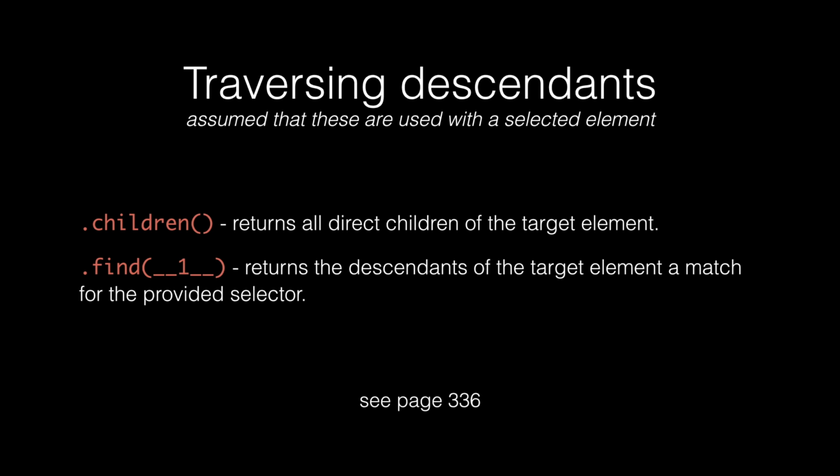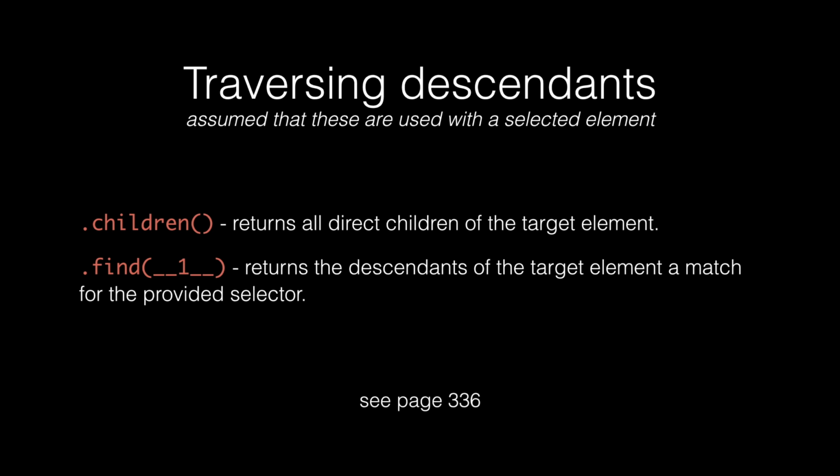You actually can pass in a selector inside of the parentheses in children to further filter it to children that are only of a certain type, but there you have it. But the find element does a deep search, and it goes as far as needed throughout the descendant tree in order to find all the matching elements.